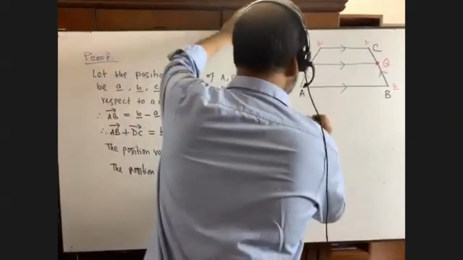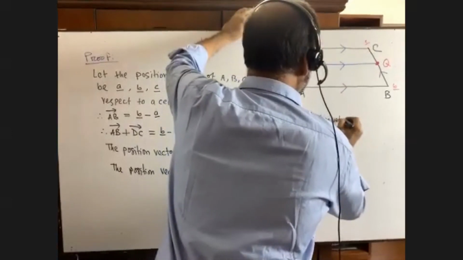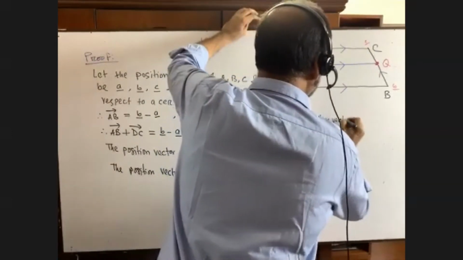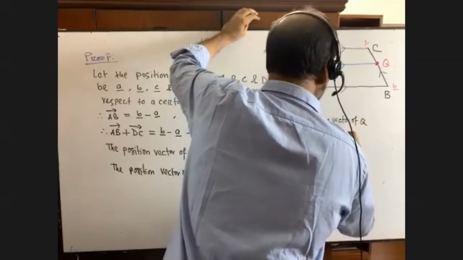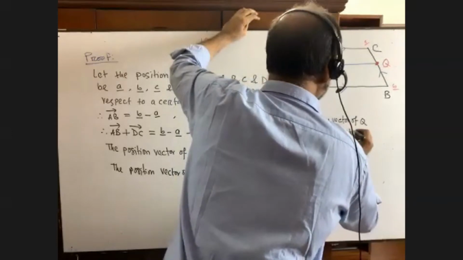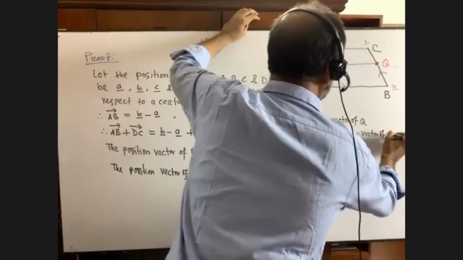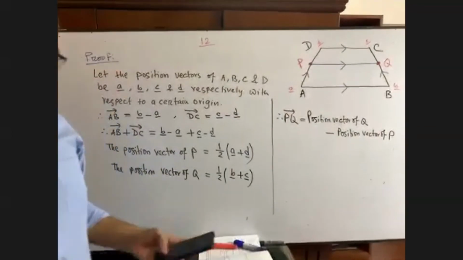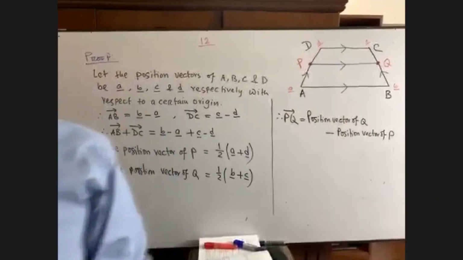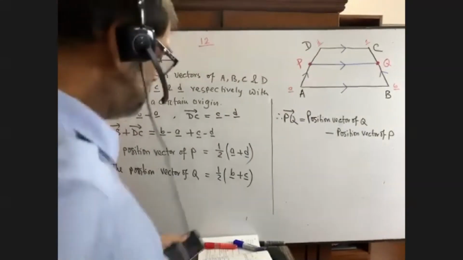Write down position vector of Q minus position vector of P. Now put the values.